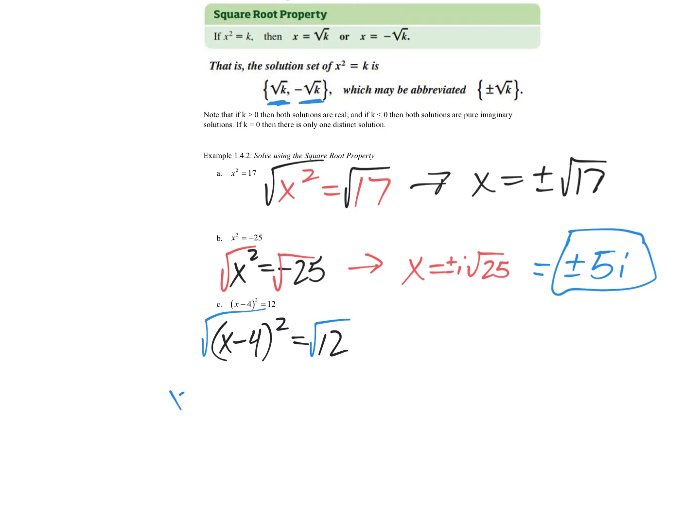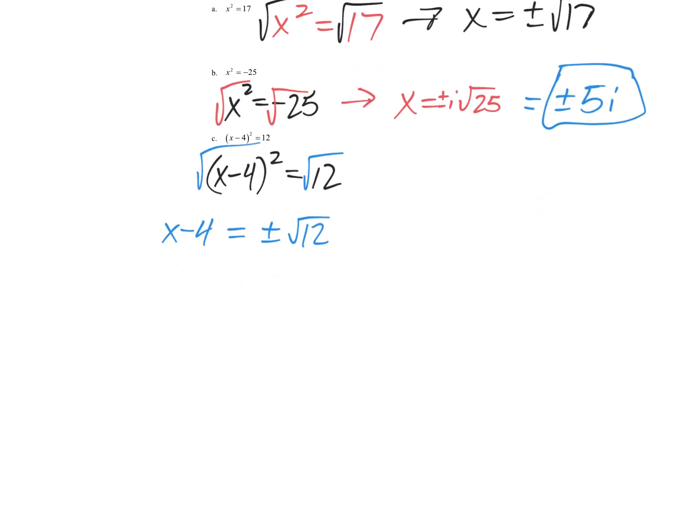So when I do this, I've got x minus 4 is equal to plus or minus the square root of 12. And we can go ahead and also simplify the square root of 12. Hopefully you remember this. Square root of 12 is going to be 2 square root of 3. Okay, that's 12 breaks down into 2 times 2 times 3. Okay, and we pull the 2 out.